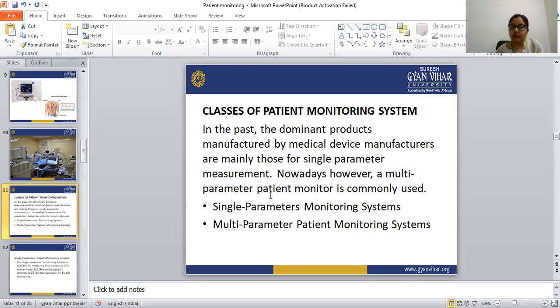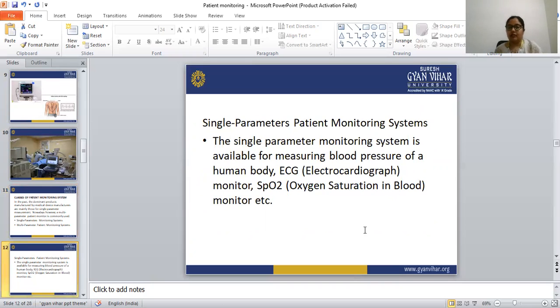Nowadays, however, multi-parameter patient monitoring is commonly used in hospitals. So both single parameter and multi-parameter patient monitoring systems are available in the market. A single parameter monitoring system is available for measuring blood pressure, ECG, that is electrocardiograph, and SpO2, that is oxygen saturation in blood.